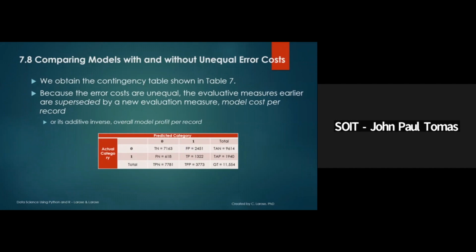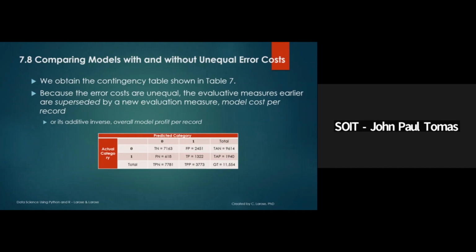For this contingency table, you have your TN, FN, FP, and TP. The new values are 7163 for the TN, 2451 for the FP, 618 for the FN, and 1322 for the TP.